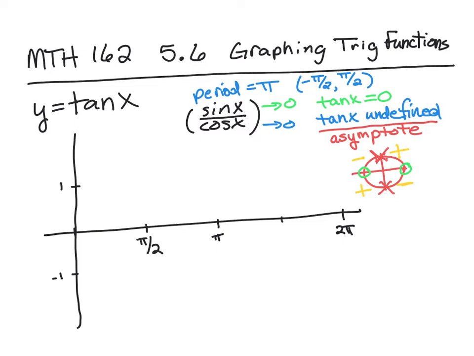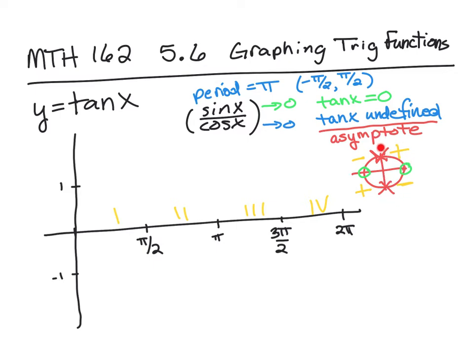And you'll do this the same way you did before, because the important point is the quadrants, right? This is 1, 2, 3, and 4. And now I'm going to look for my asymptotes. Asymptotes are where the cosine equals 0. Cosine is 0 right here.